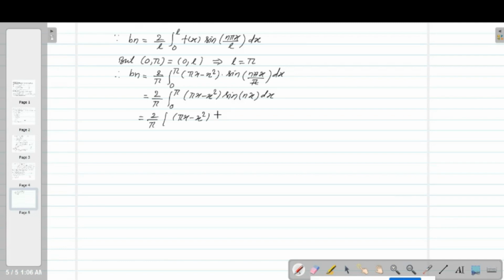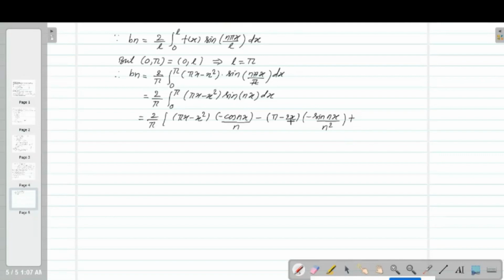The integration of sine is minus cos n x divided by its coefficient n. Then minus the derivative of this term, which is pi minus 2x, and the integration of this quantity. The integration of cos is sine n x by n, but n is already here, so this is n square. So the sign here will be plus.